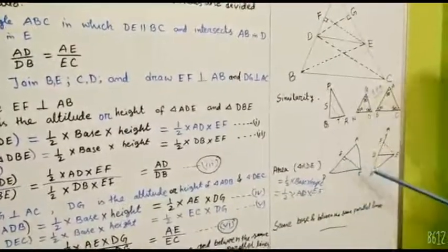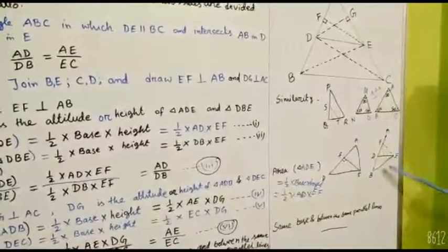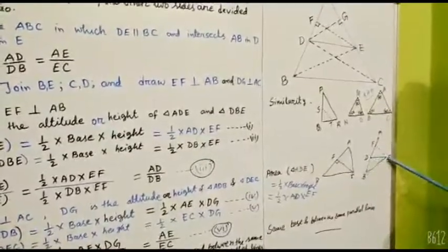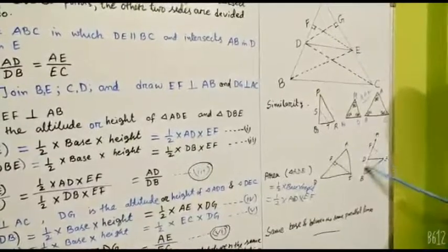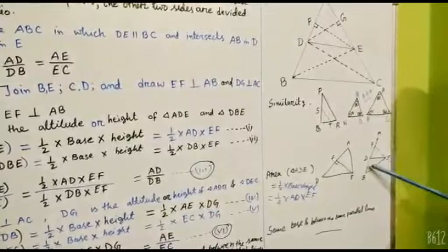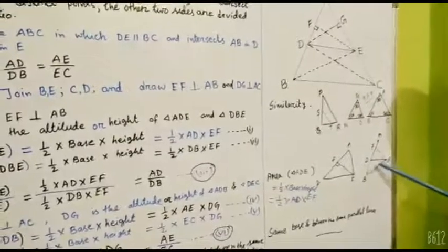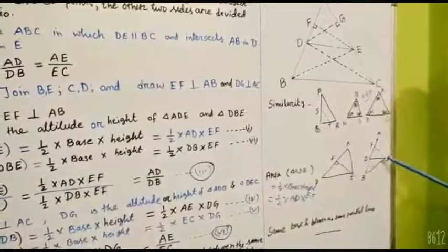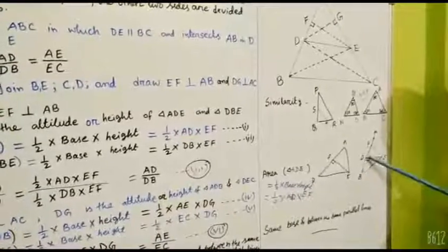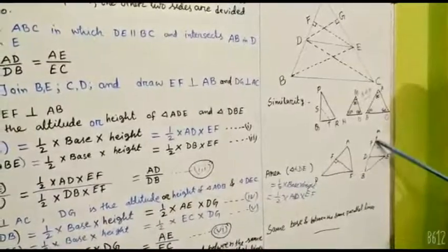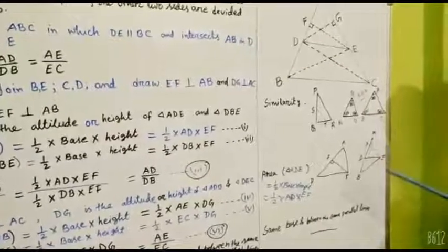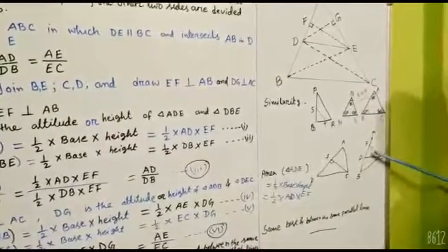Similarly, for the other triangle BDE, if we draw an altitude from E, it is not possible to draw it inside the triangle. Therefore this altitude will be on the extension of DB, and that is EF. So here this EF is outside of the triangle.